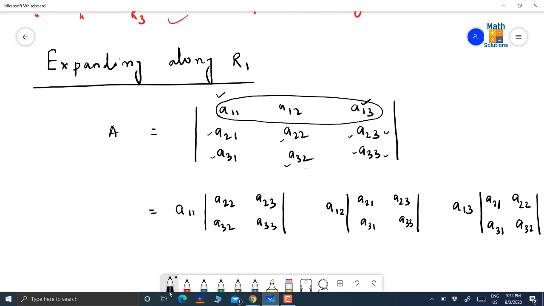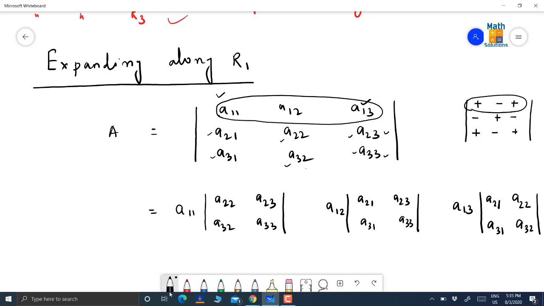Now there is a sign convention I have to follow. See, plus minus plus, then minus plus minus, then again plus minus plus. Whenever I am expanding along the first row, I have to keep in mind that the first element I put here should always carry a positive sign. That is why nothing is to be written here. If nothing is written, it will be understood that this is positive.